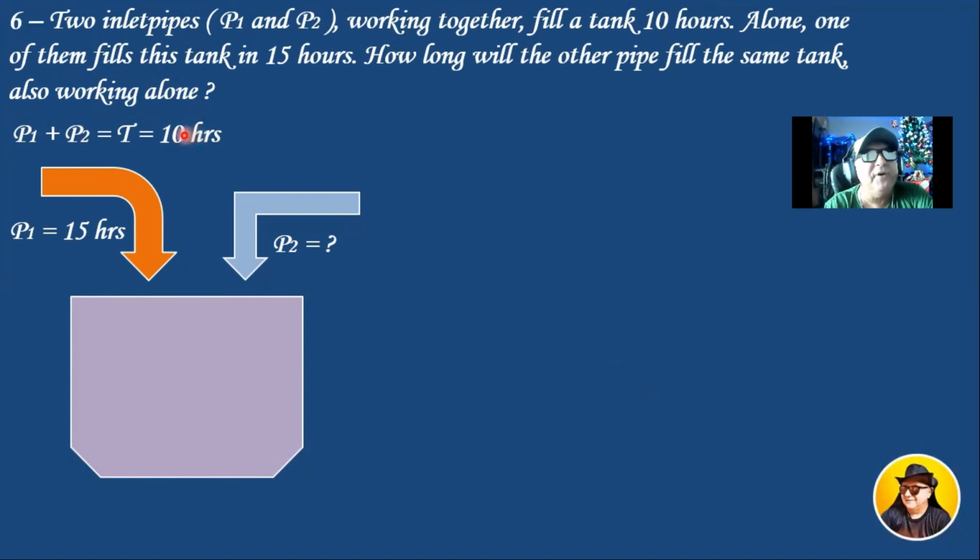So if working together they fill this tank in 10 hours, the problem already gave me T, the total time that the tank will be filled with water. So T is 10 hours. Let's see, I have no drains, so I have only positive fractions.